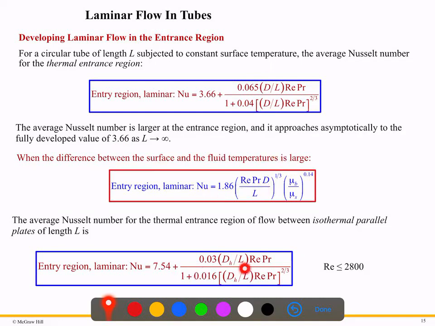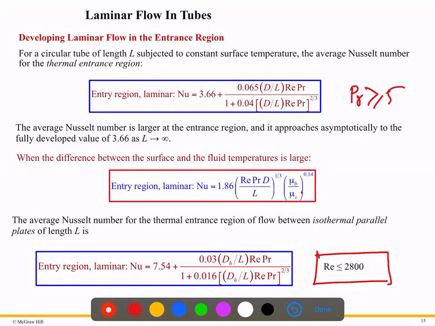And here's the last one, for isothermal parallel plates. When the Reynolds number is less than 2800, we use these expressions to calculate the Nusselt number. This condition is for when the Prandtl number is greater than or equal to 5.